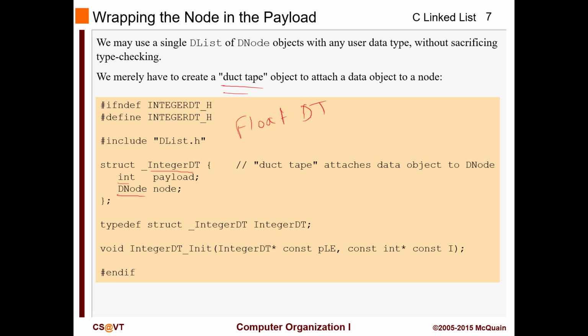So this is how we are going to connect it with the head and tail, and we are going to put our data over here in payload. Okay, so this is the usual typecasting, and we have an initialization function where we send an object of integer DT, and we also send the payload we want to put inside.